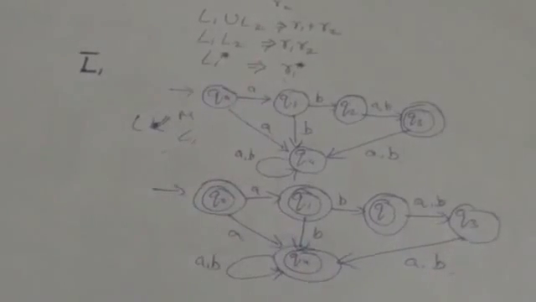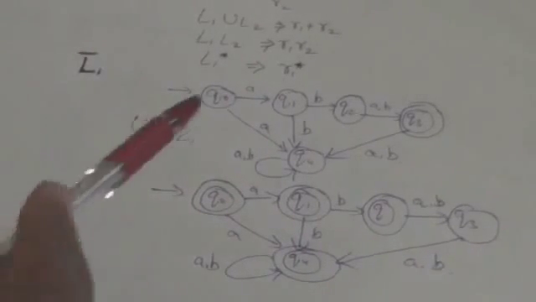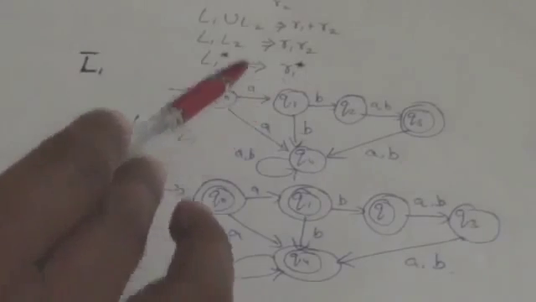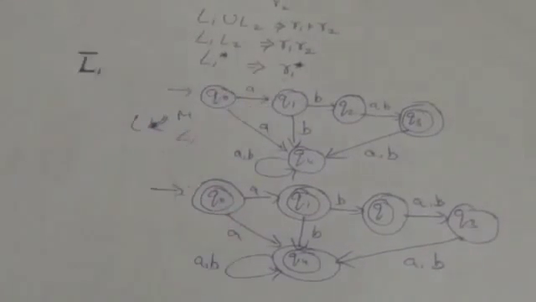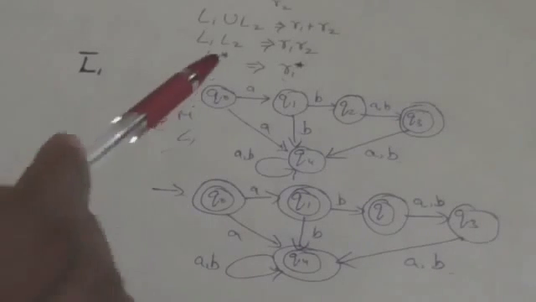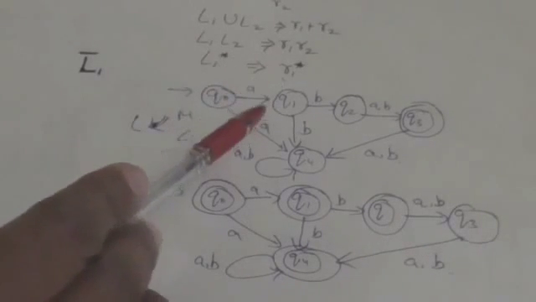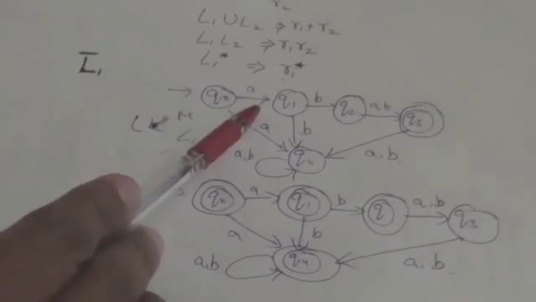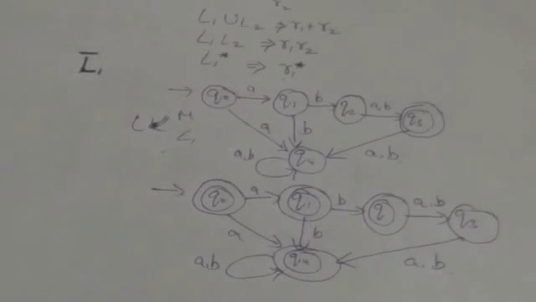Now we have to design a finite automata which will not accept any string which is accepted by this finite automata, and those strings which are rejected by this finite automata should be accepted by that finite automata.